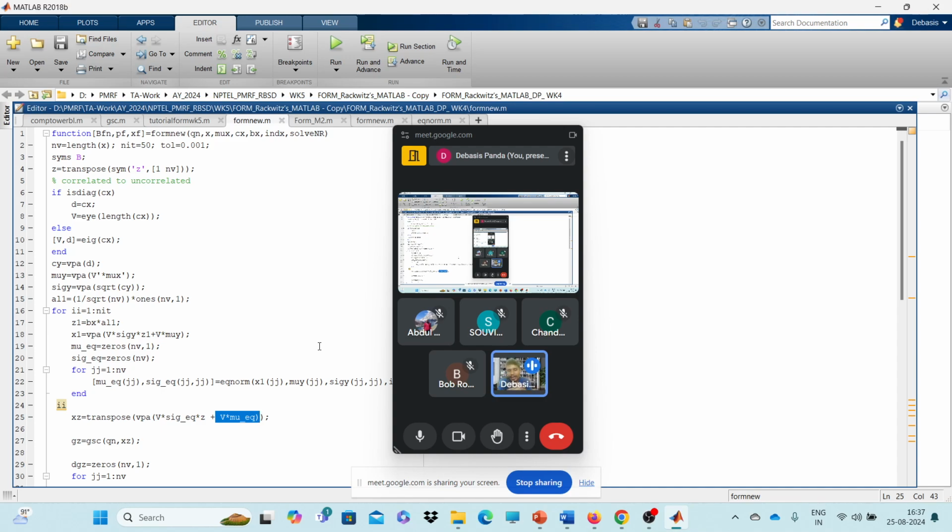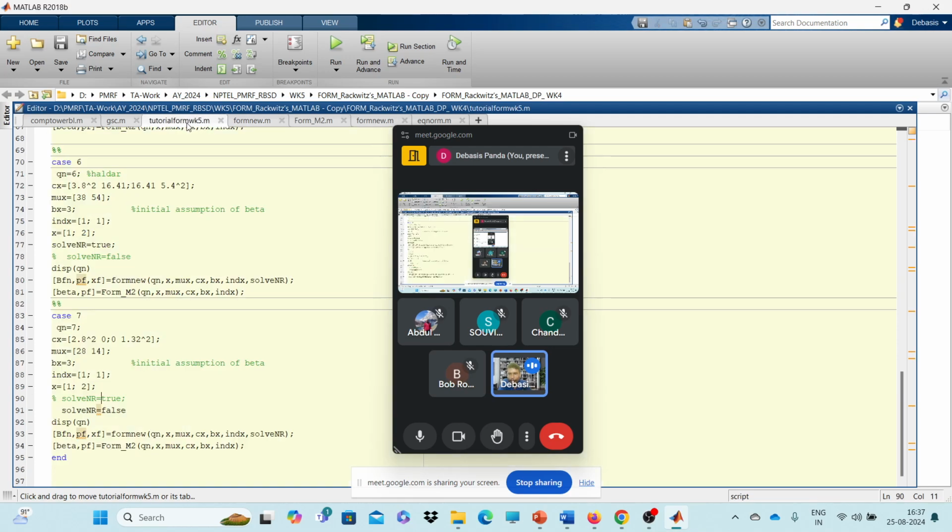We cannot say that one method is more generic than the other. Like in the Rackwitz-Fiessler algorithm we have a convergence issue. In the Rackwitz algorithm also sometimes we have some convergence issues. So then we will see we need to go for the second order method, so that these issues will get resolved.